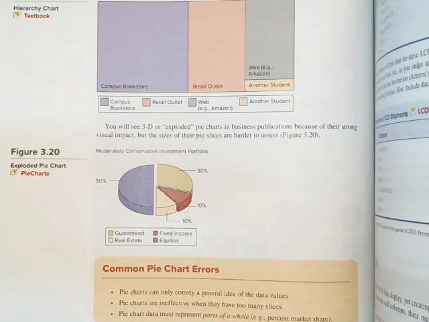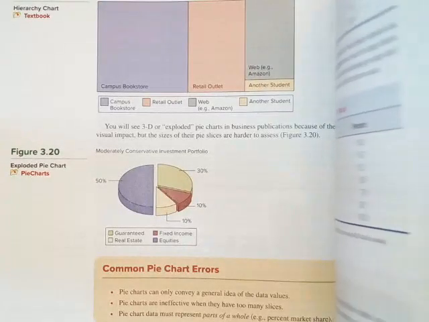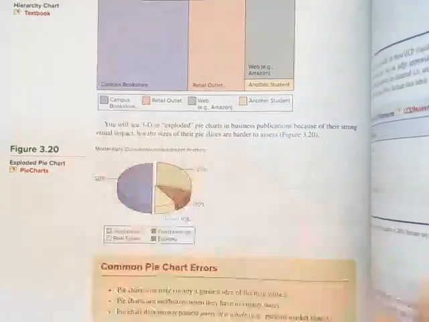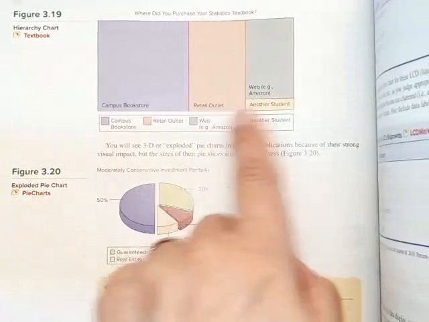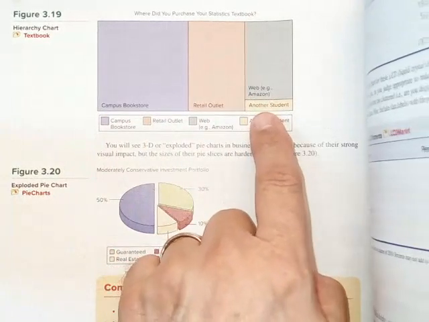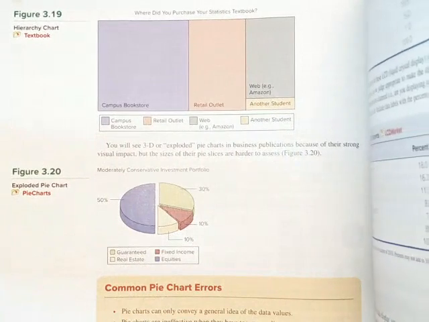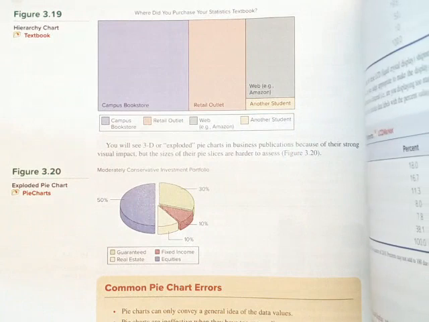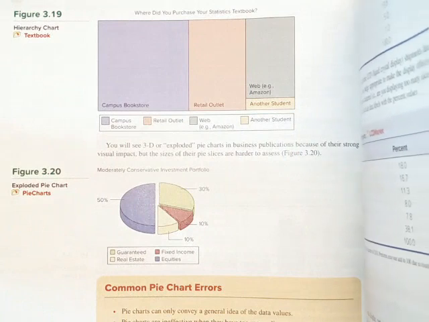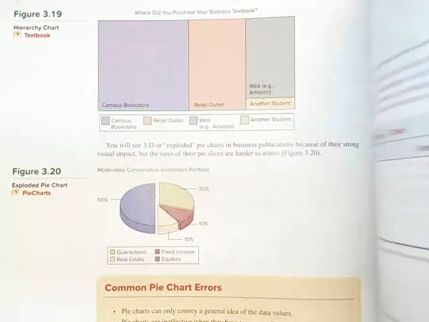Lots of different visual charts, pie charts, hierarchical charts. Bought it from a retail outlet. I bought it off the web. Bought it off another student. That percent actually telling me, nice enough to label the chart.